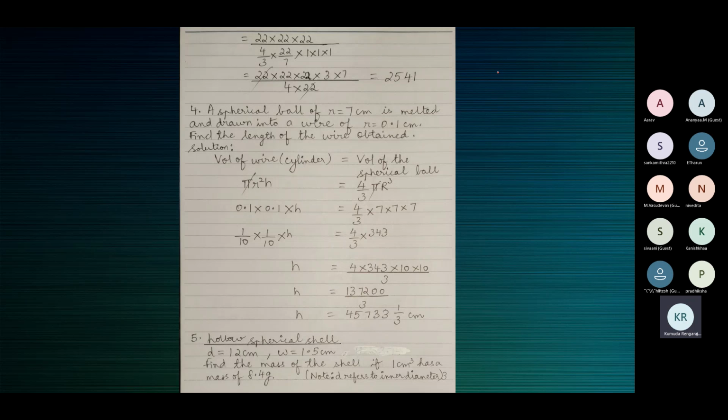Mostly wherever the value is big, I use a capital R there. Then just substitute. Pi gets cancelled on both sides. Then you put the values and you see that both the radii are in centimeter.